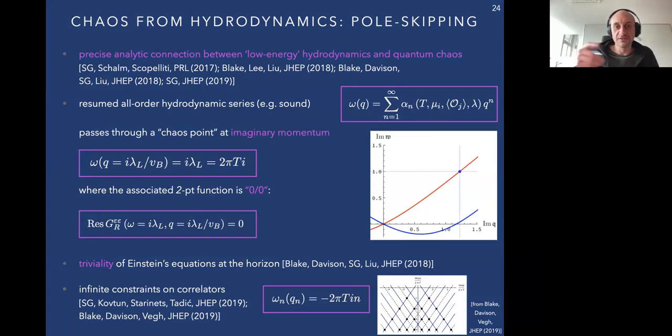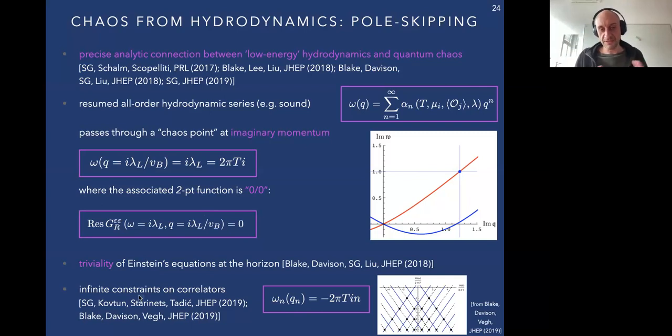The value of the Green's function is still regular, but the value is determined by the angle of approach to the point. So there's some ambiguity in the value of the Green's function coming from the limit in the omega-q space that you take. The details are not important. What is important is that there's actually an infinite number of such points.